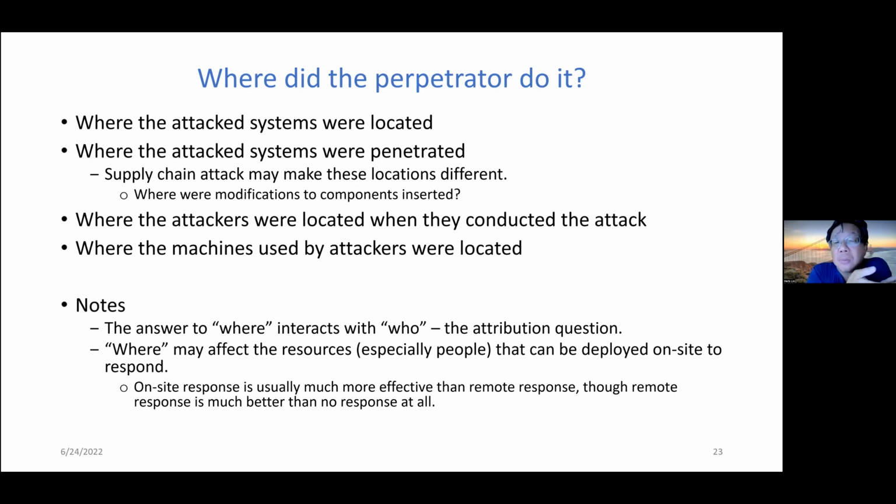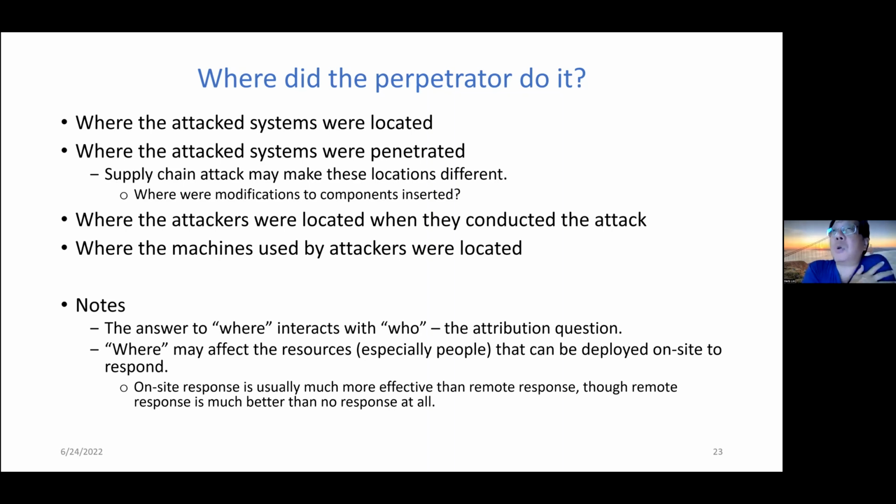Why? Because, for example, if the attackers are located in a hostile nation like Russia, you're never going to get access to them. But if they're located in a friendly nation, you might be able to have investigators on the ground there. You might be able to get those investigators to go interview and talk to the guys who attacked you. You get much more information that way.